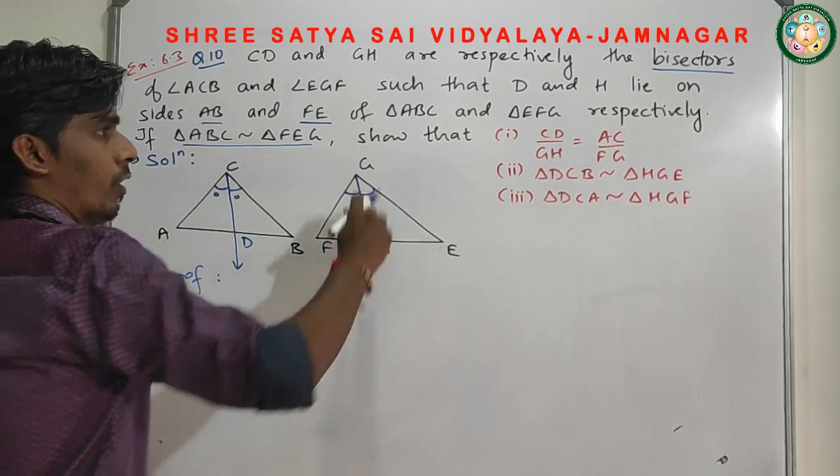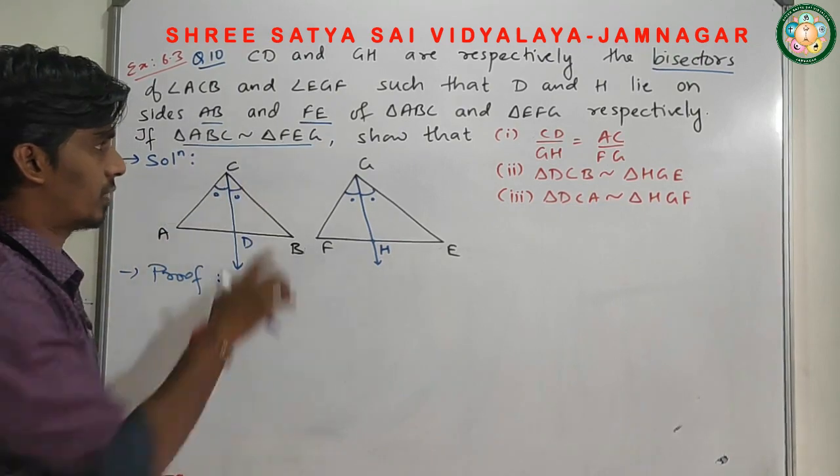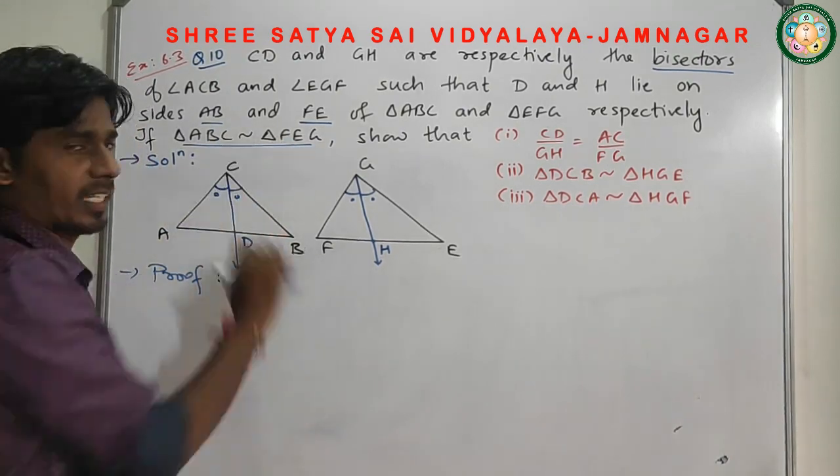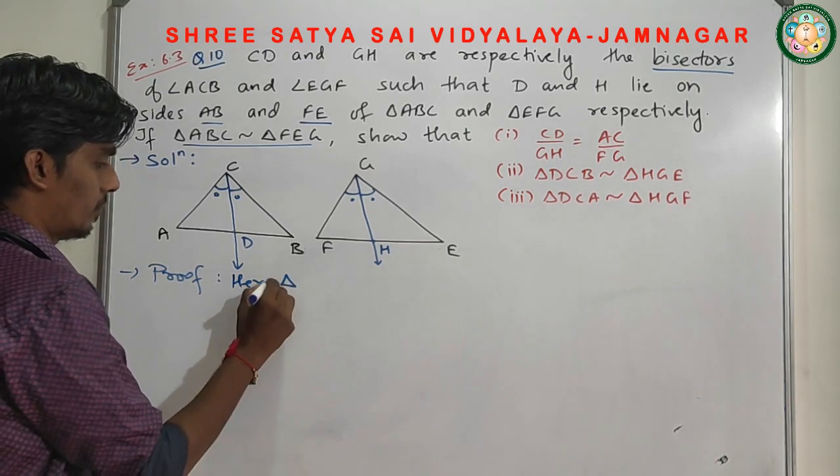First of all, whatever is given, the main given is that triangle ABC is similar to triangle FEG. We are going to use this condition.